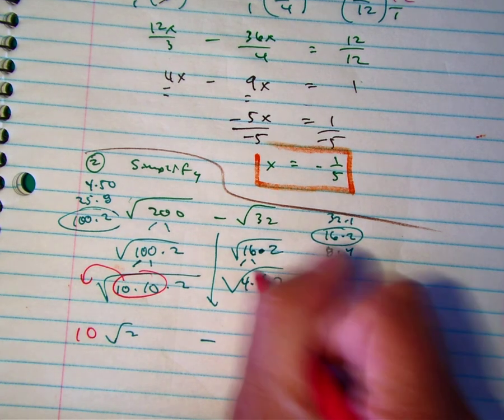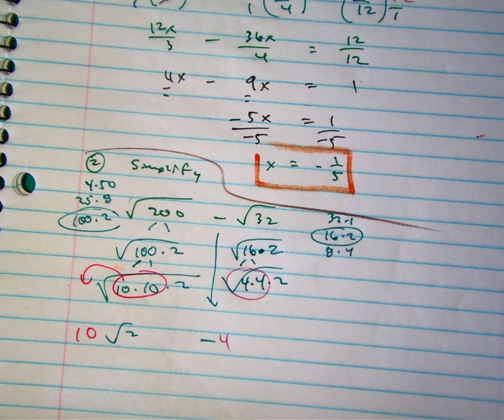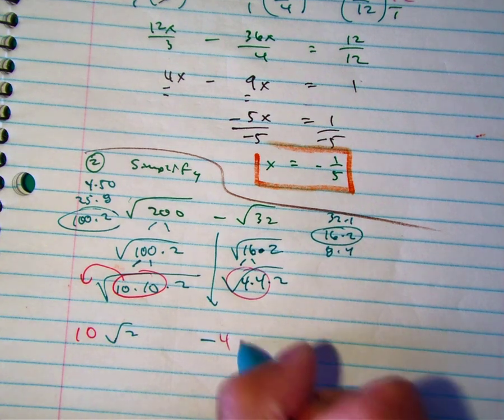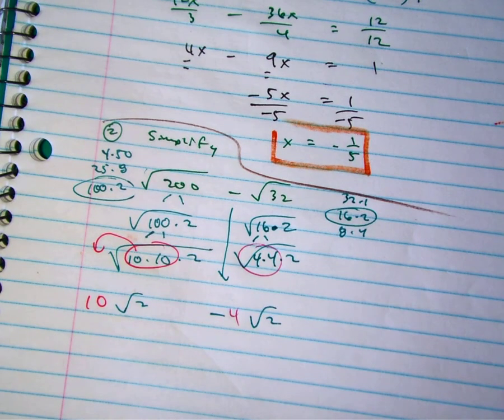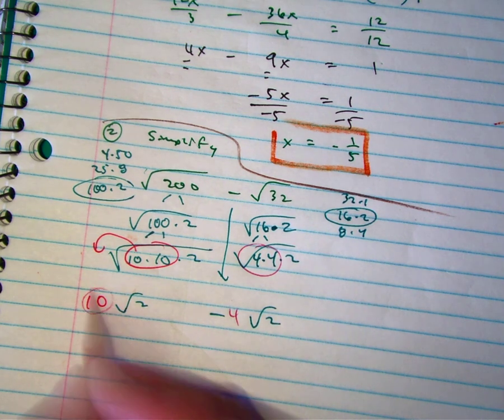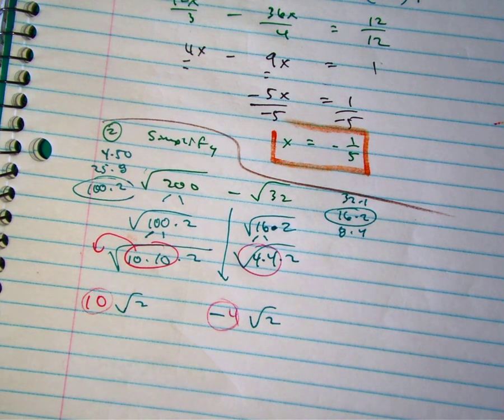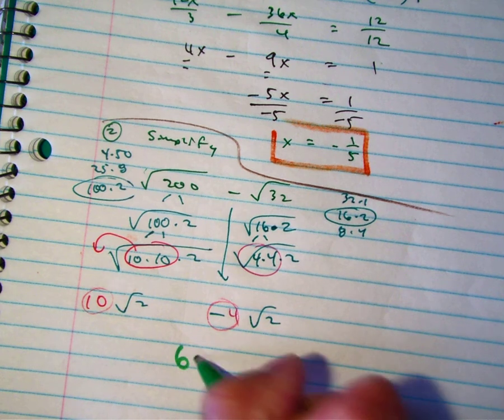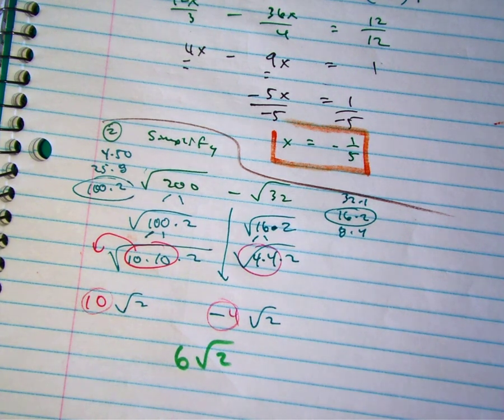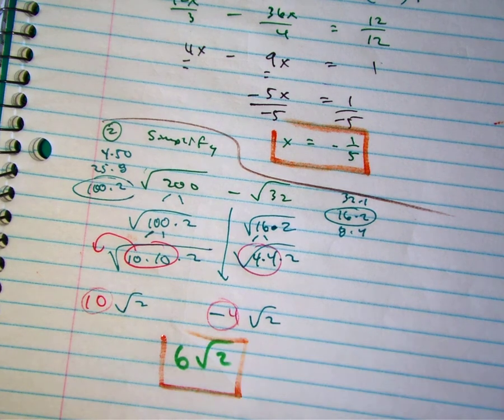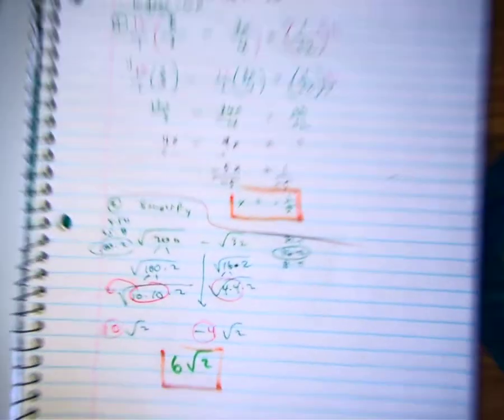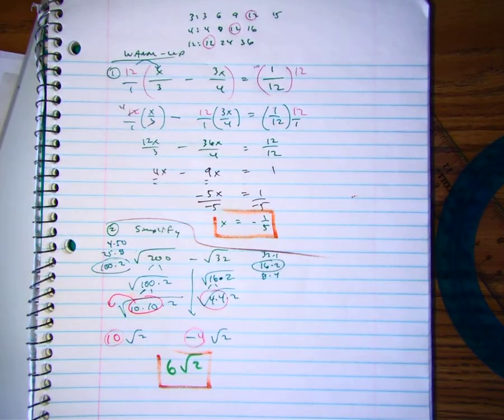The 4 comes out. What's left inside? And what do I do with those 2 numbers? Yeah, we're just going to subtract these 2 numbers, which gives us 6 radical 2. Raise your hand if you got that. So this quick warm-up should prepare you for the test.